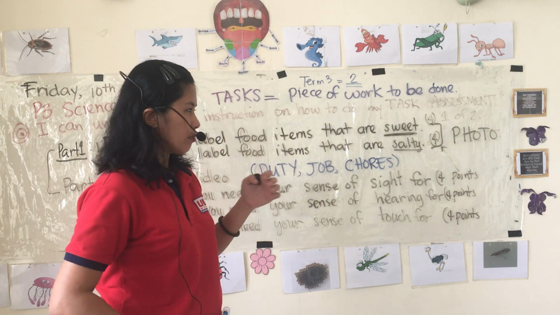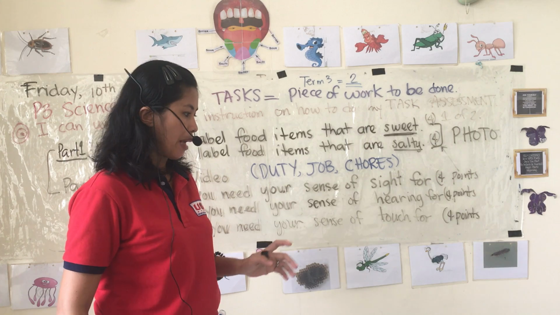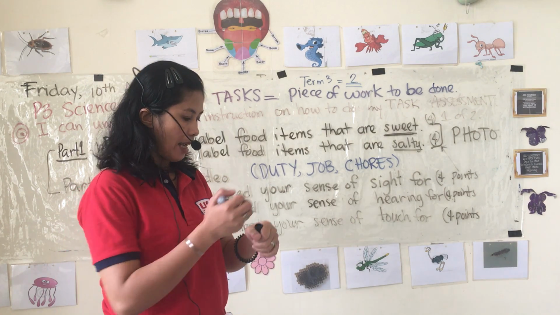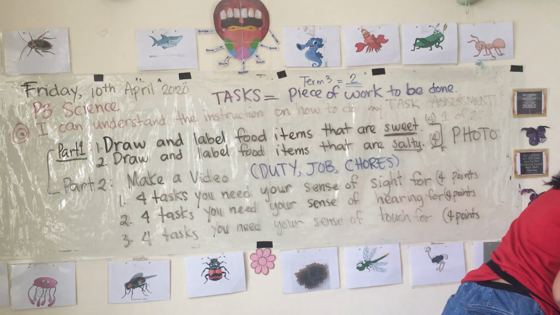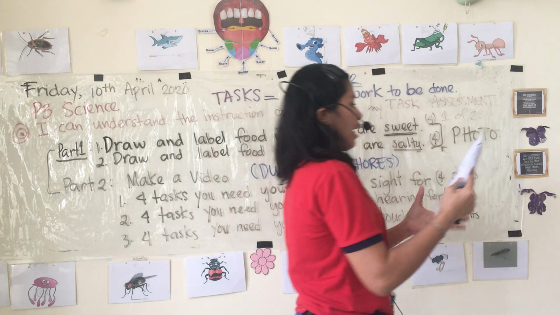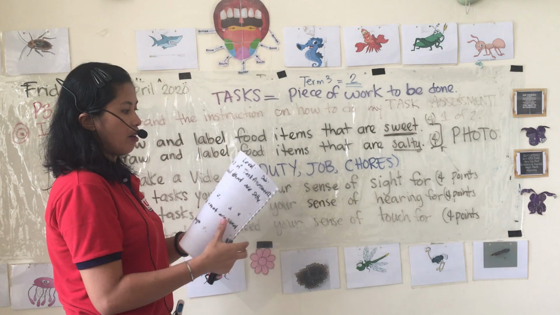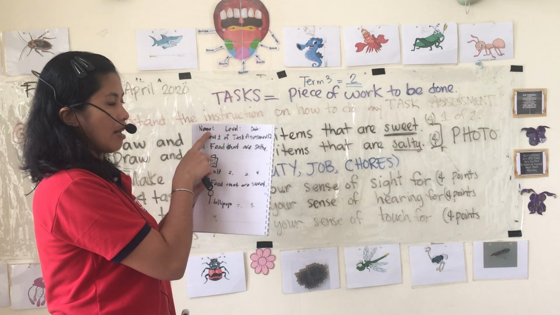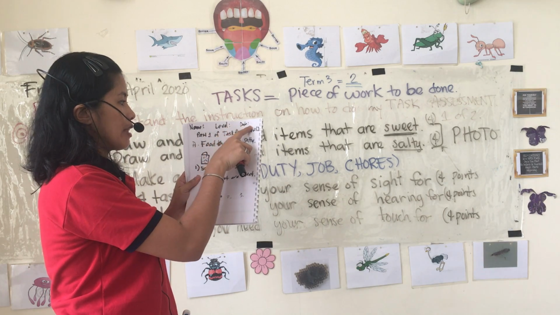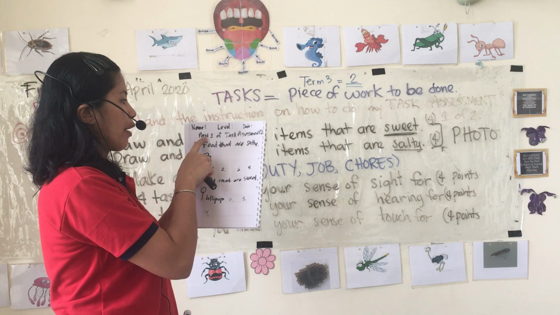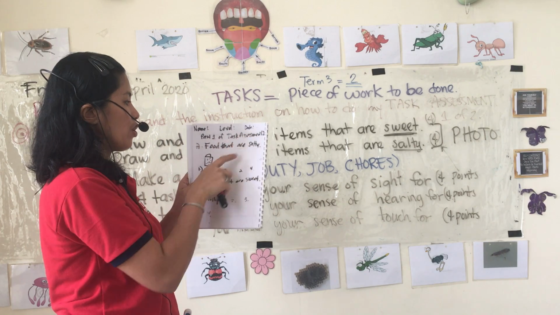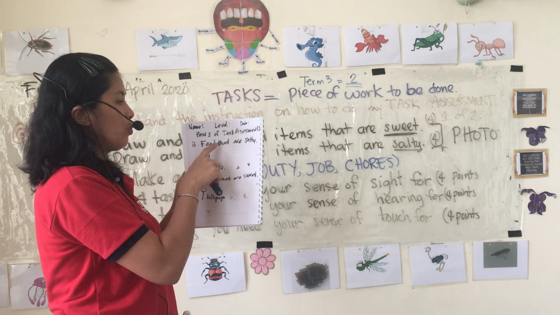So you are going to label that, and as my example was, in a piece of paper or a band paper, you're going to write your name, your level, the date, and then you will write part 1 of task assessment 1 of 2. Letter A, food that are salty.